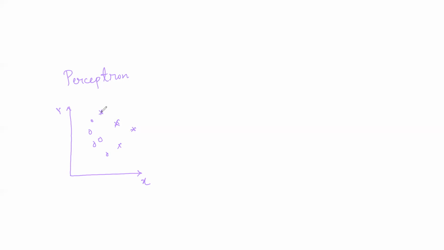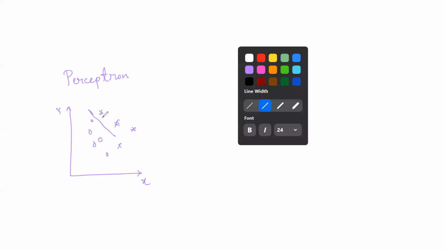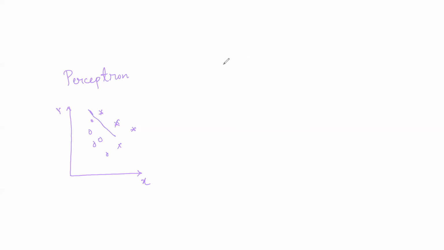So MP neuron was giving us a linear line that can segregate these two sets of points.